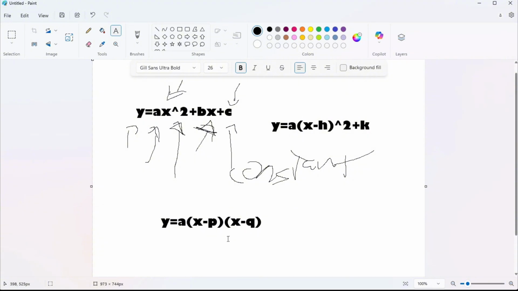We're going to figure out how to transfer between these forms, and what they're used for.